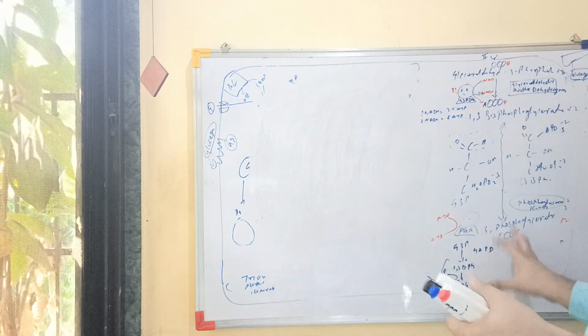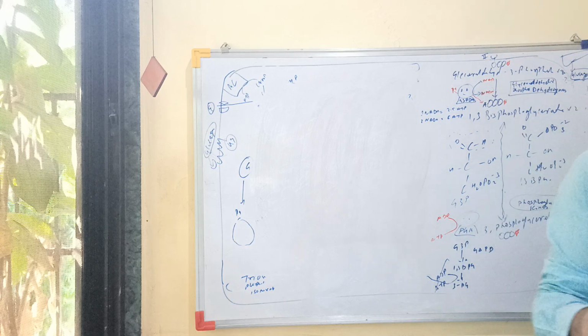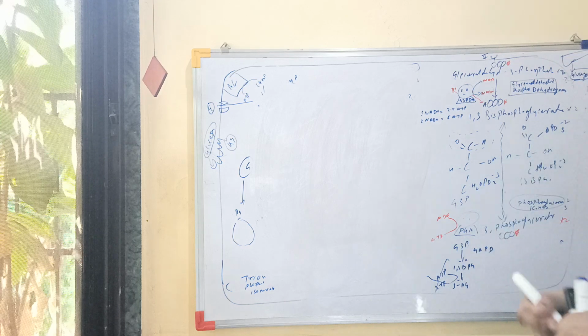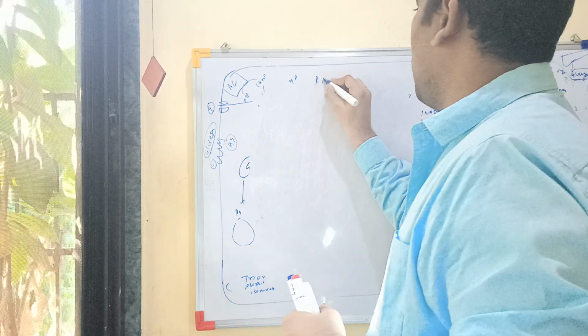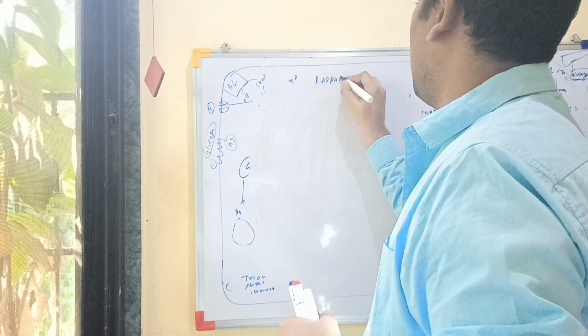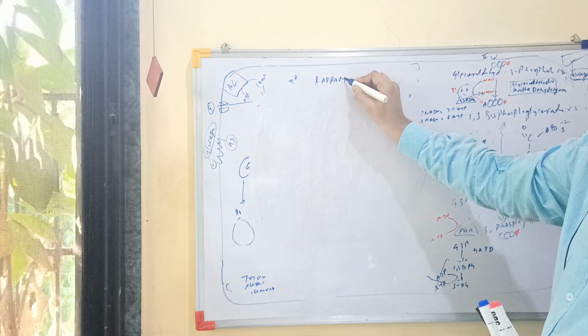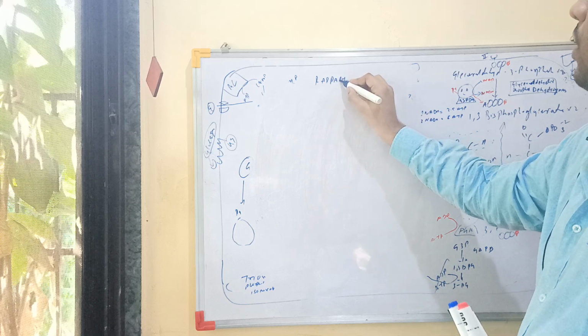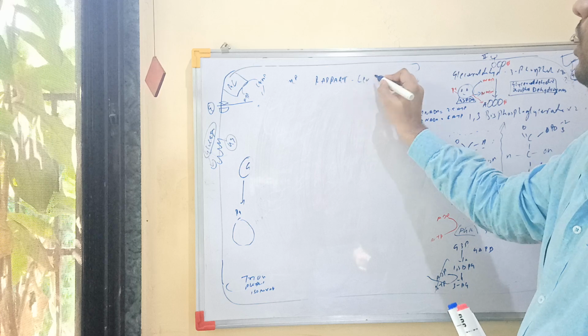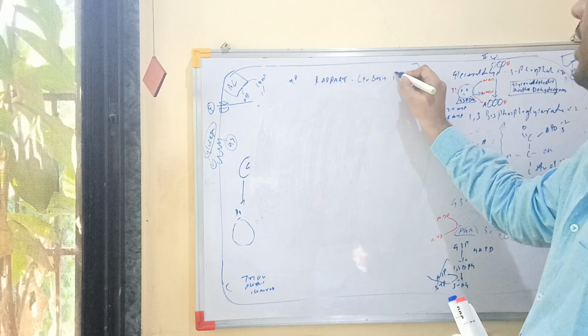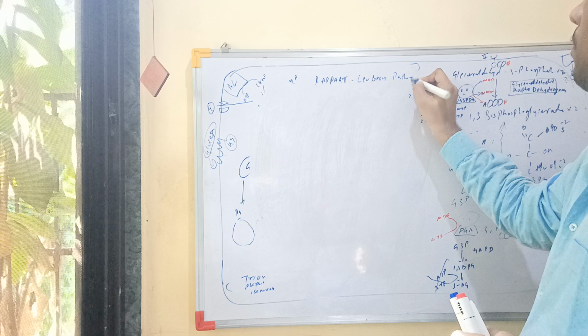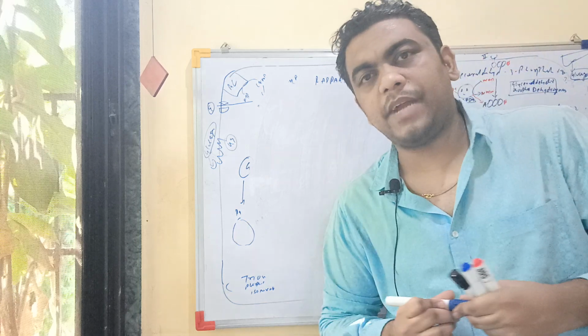So there is one more pathway over here which is called the Rapoport-Luebering pathway. Let me tell you the spelling: Rapoport, Luebering pathway. What happens in this pathway?